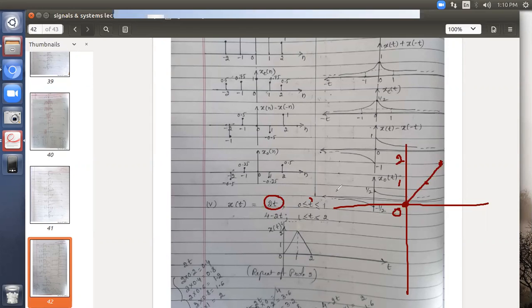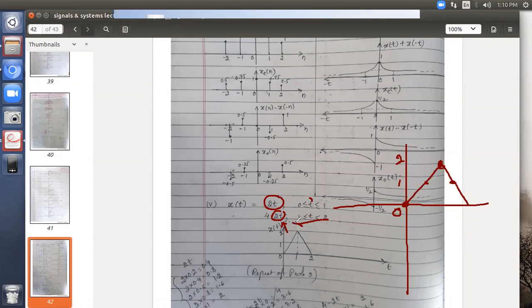After that, for t equals 1 in the other equation, 2 into 1 is 2, 4 minus 2 is 2. I'm here itself. Take 1.5 in between 1 and 2: 1.5 into 2 is 3, 4 minus 3 is 1. I will come here. Then t equals 2: 2 into 2 is 4, 4 minus 4 is 0.